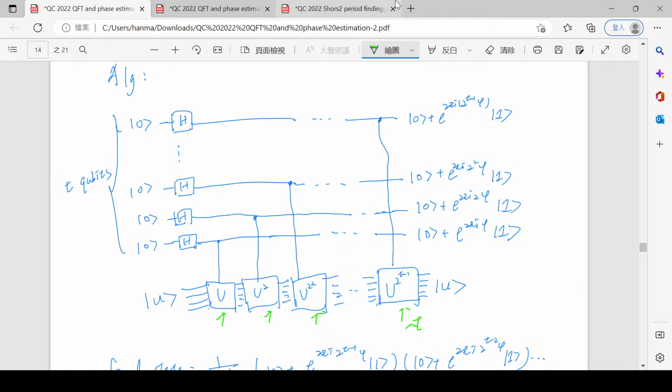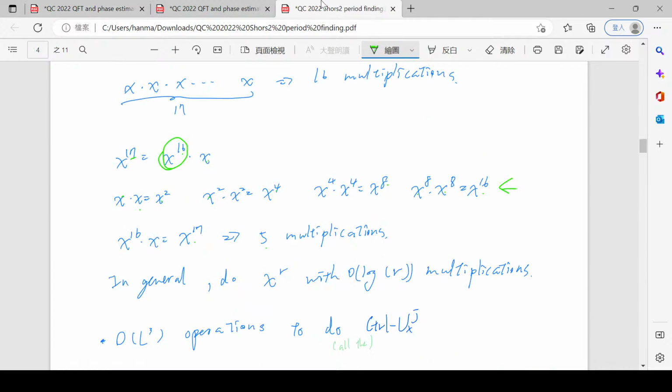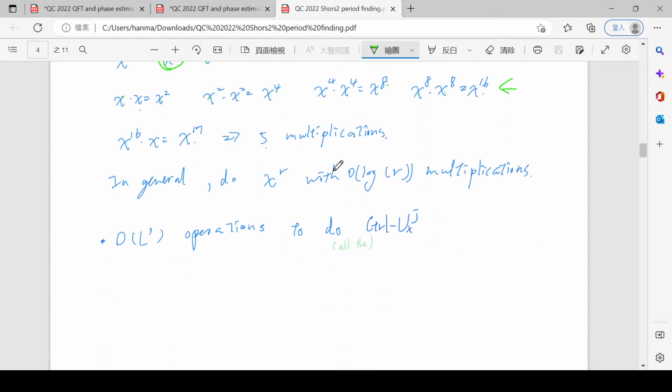And if we say this in more classical terms, if we want to calculate x to the r, then we only need to do log r operations, because we write r in binary, and the highest power you only need to do log of it.